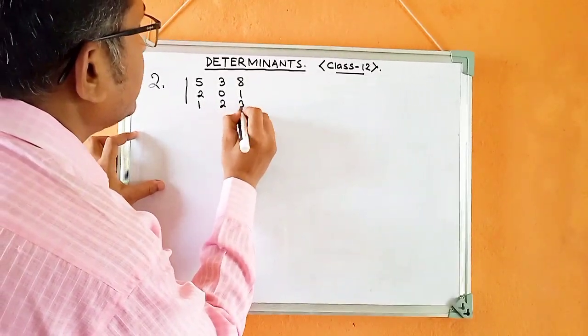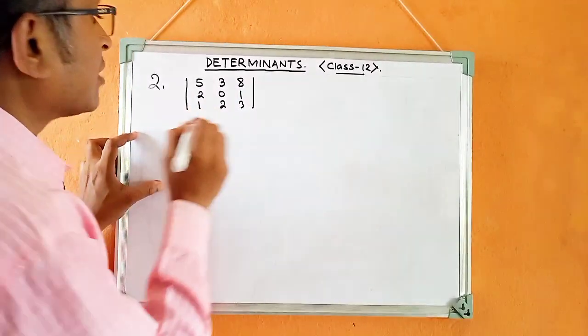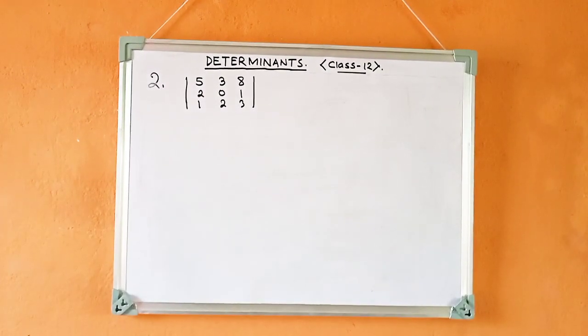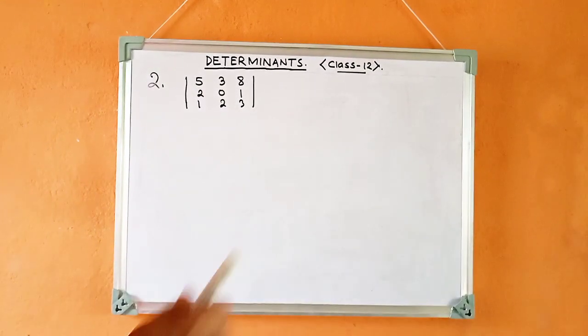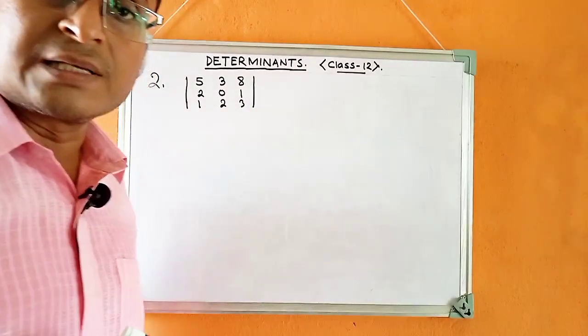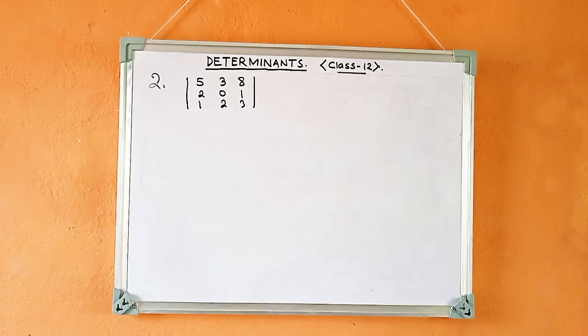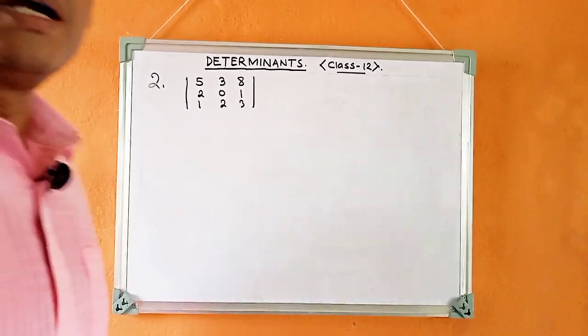Now listen to the question. The question is, using cofactors of the elements of the second row, find out the determinant of this.